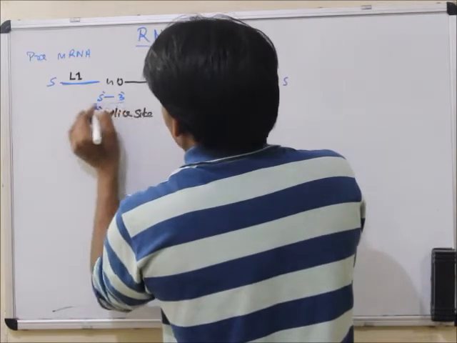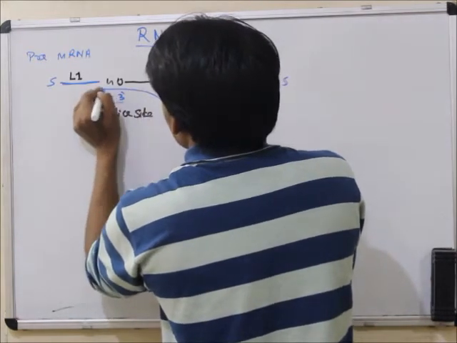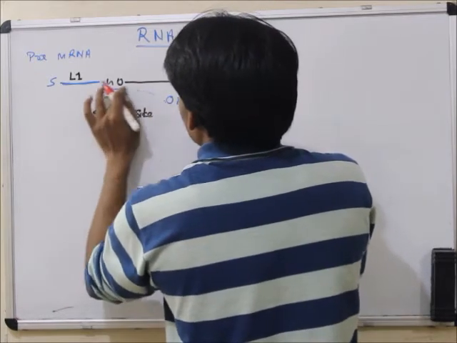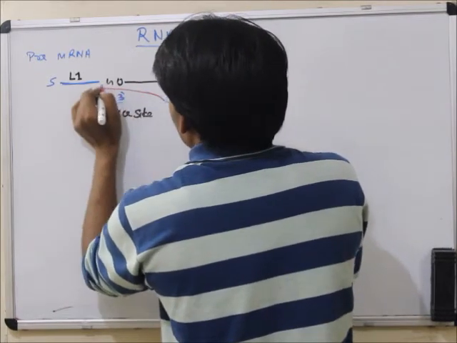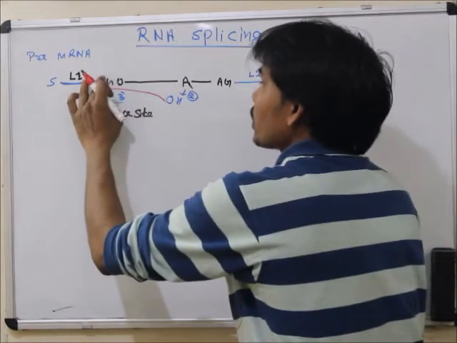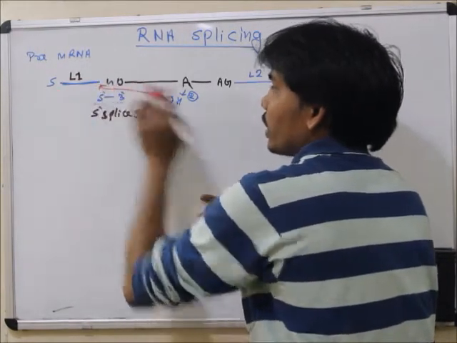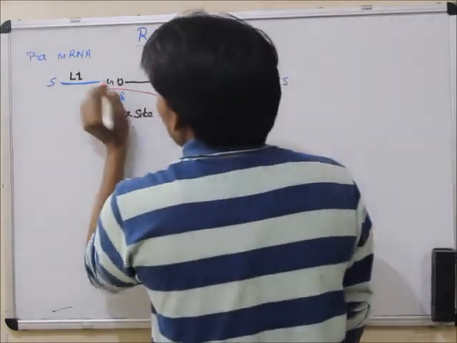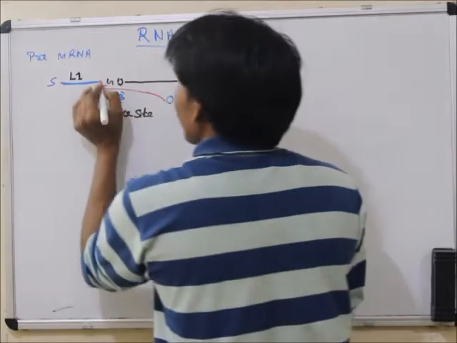Another reaction happens here, at the junction of the first exon and the intron, where there is a phosphate.